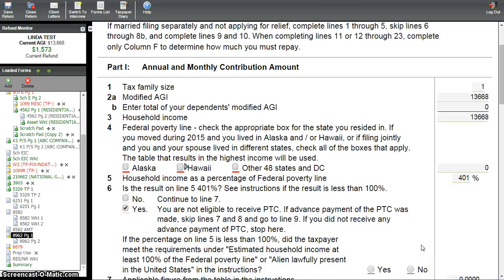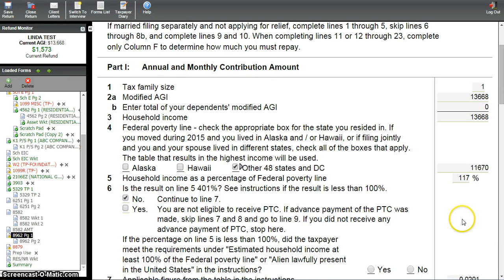TaxWise also defaults, when you first open this form, the household income, the percentage of federal poverty line, as 401%. When you check the state of residence for the taxpayer, it then calculates their FPL amount based on their annual income, based on their AGI.